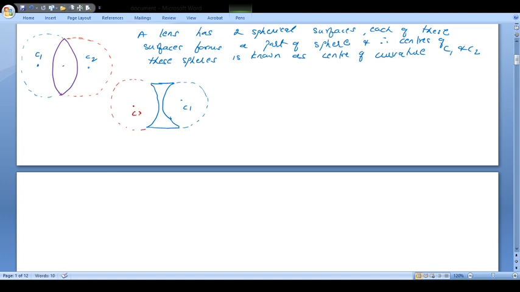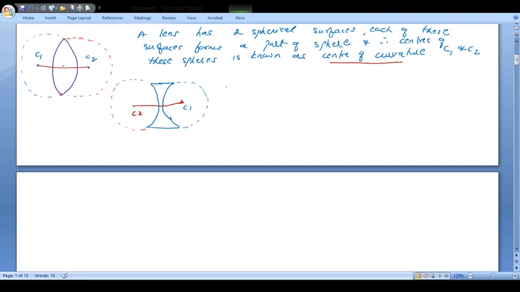If you join the line through C1 and C2, then this line joining the centers of curvature is known as the principal axis. First we have defined the center of curvature.